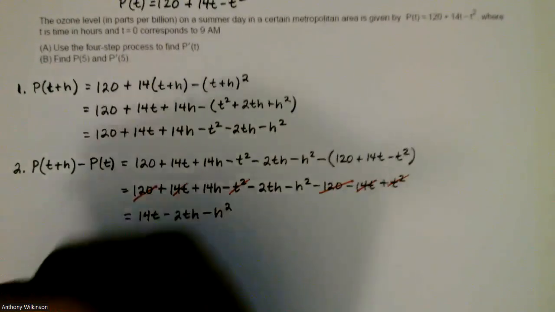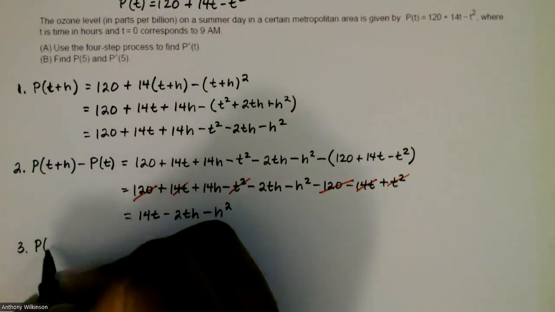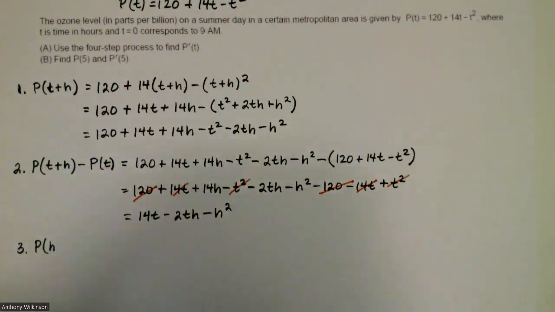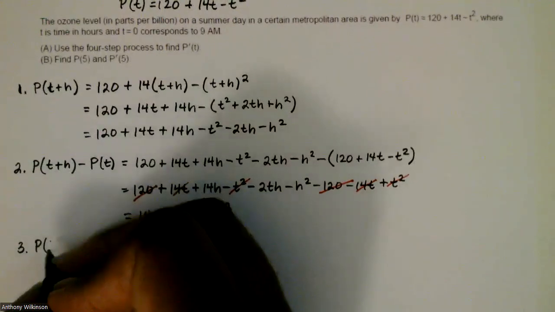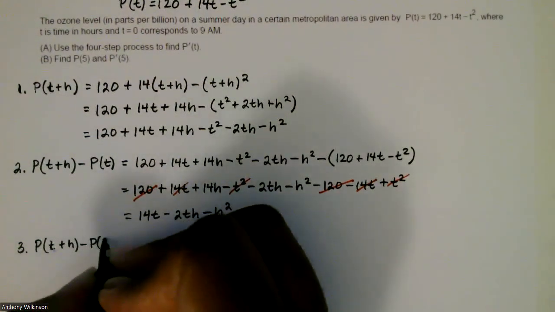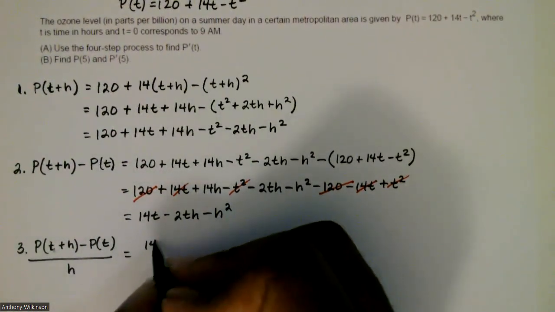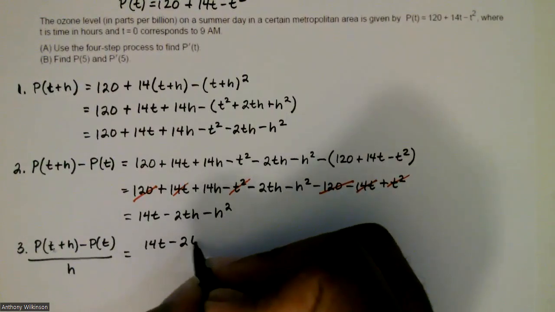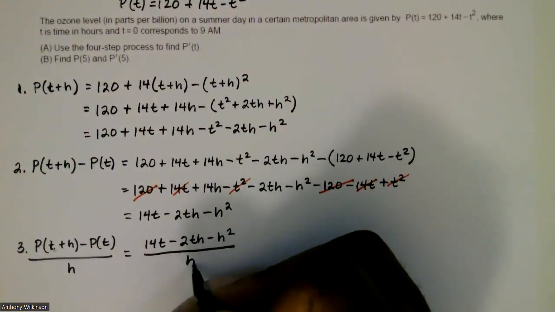Then step number 3 is to take that expression and divide by H. So it'll be P of T plus H minus P of T divided by H. So I got 14H minus 2TH minus H squared divided by H.